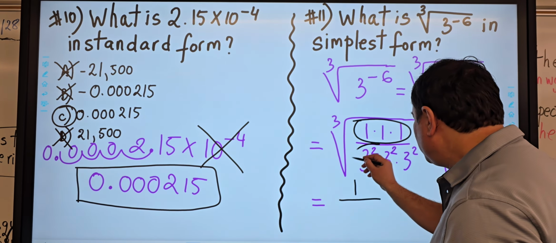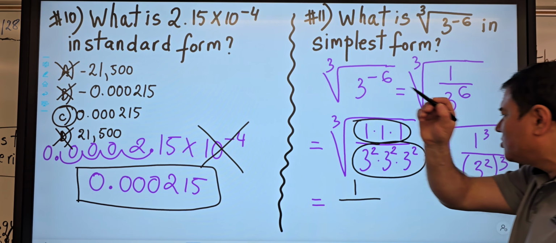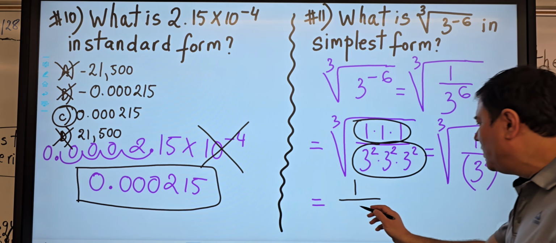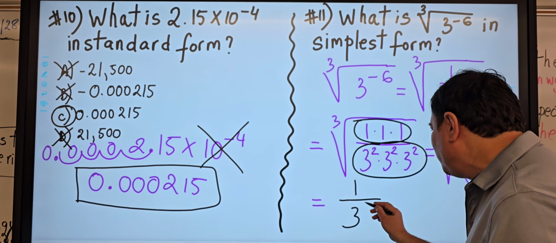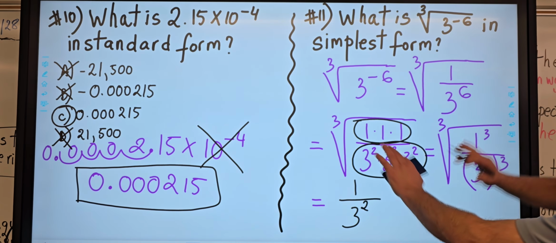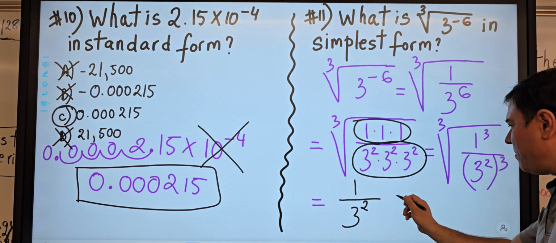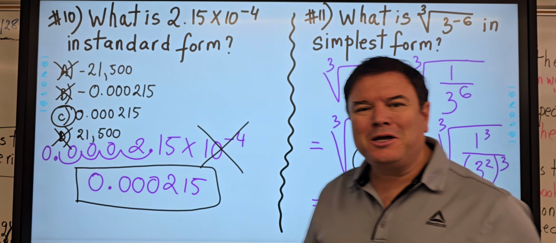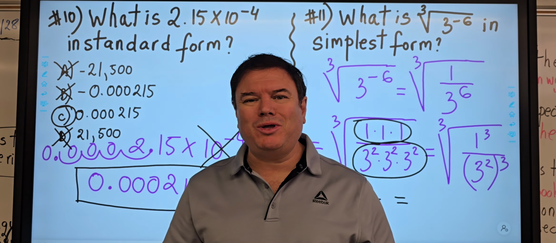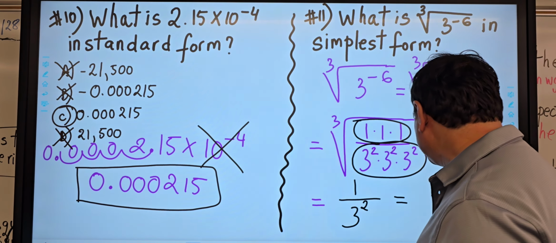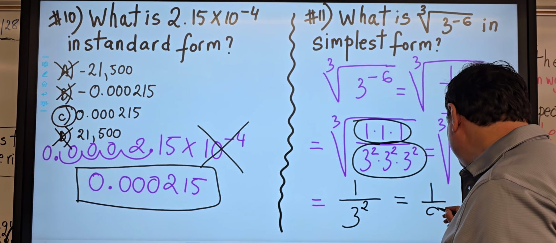Since we have 3 squared times 3 squared times 3 squared, only a 3 squared is going to come out of the cube root, and no more cube root. So the answer is going to be 1 over 3 squared. And everyone should know that 3 squared is actually 3 times 3, which is 9. So the final answer is 1 over 9.